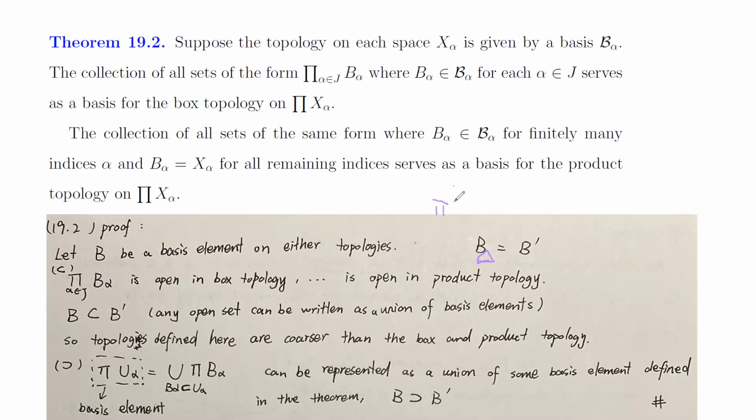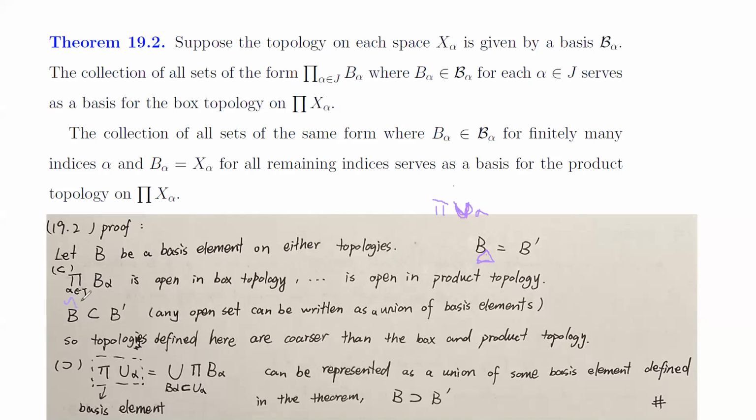For the product topology, U alpha is equal to X alpha for all but finitely many indices alpha, and for the remaining indices, U alpha is X alpha. So this B here is this form, and we need to prove that B is contained in B prime.